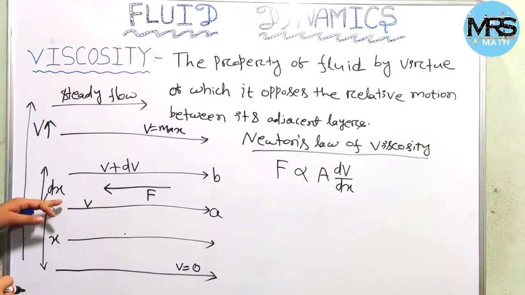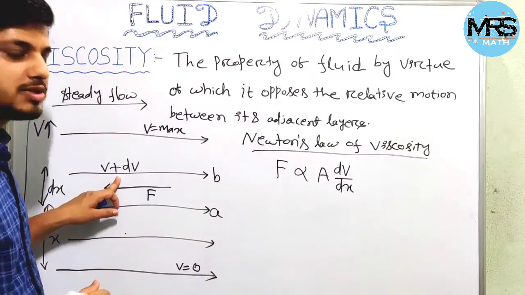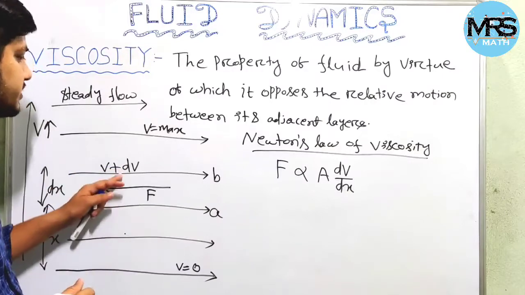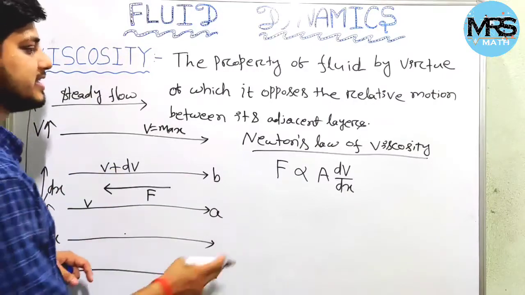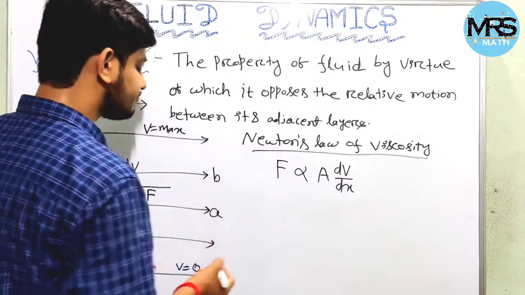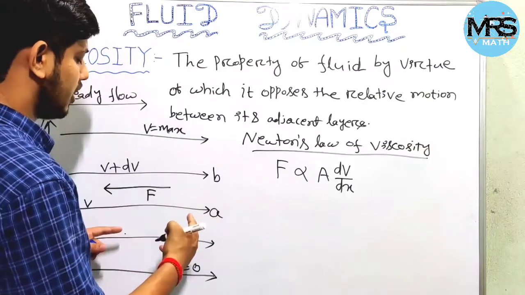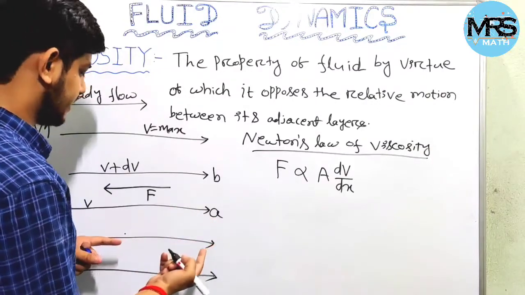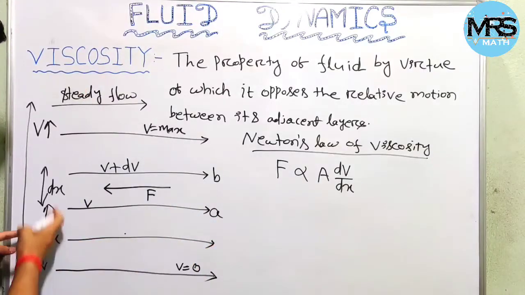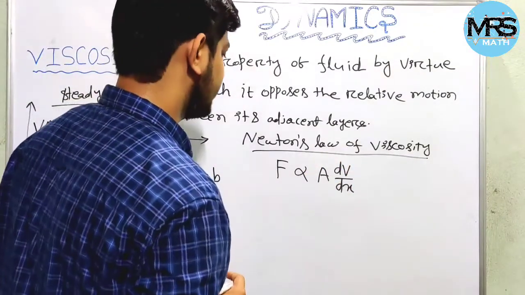So by changing a small distance dx, we have a small change in velocity, that is v plus dv. So what is this dv by dx? dv by dx is the rate of change of speed with respect to distance in the direction perpendicular to the flow.